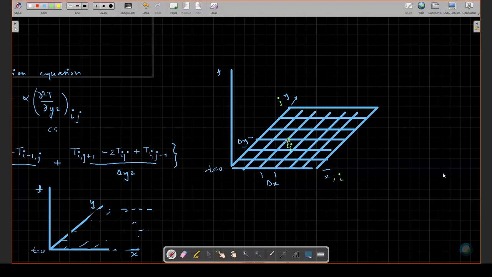Now we have the same figure at any other time.